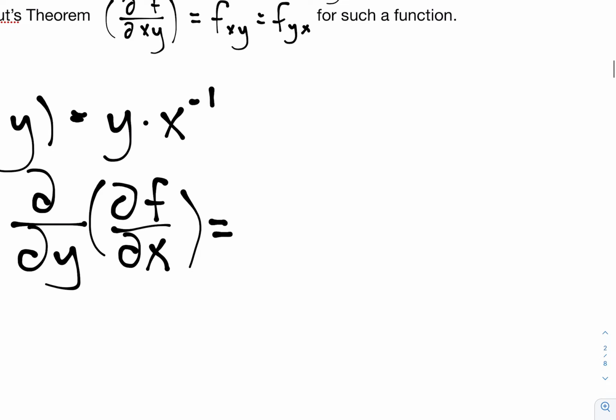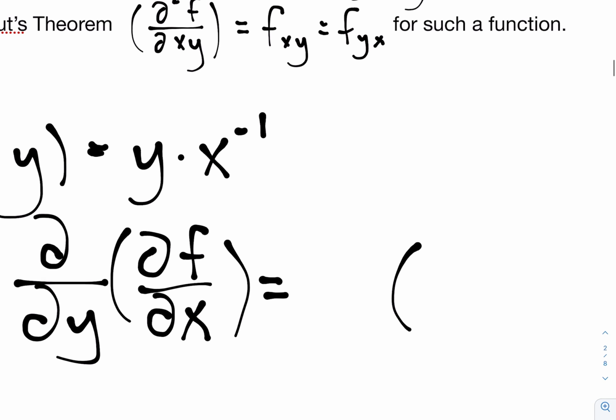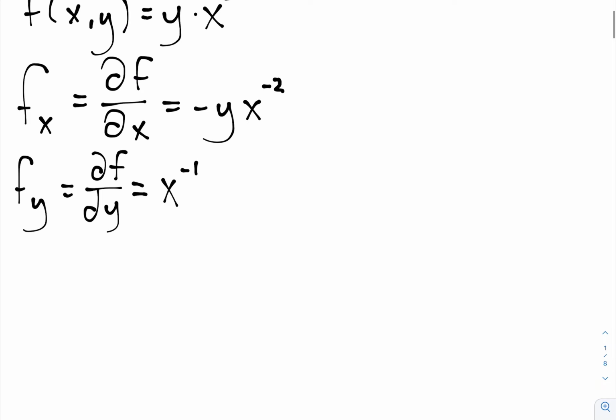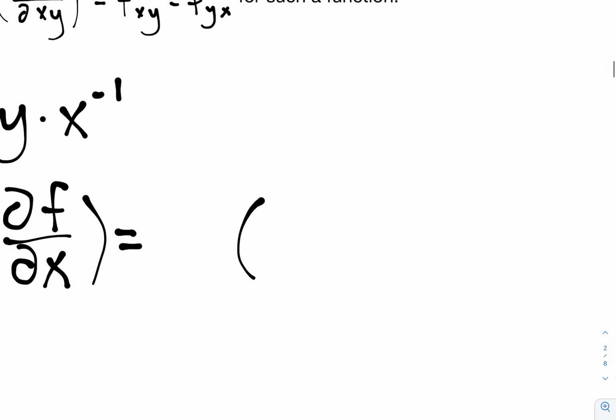Okay, so partial f by partial x is the derivative of this with respect to x, leaving everything else constant. And remember, we did that up here. It's going to be negative y times x to the negative 2. So I'm just going to plug that in here. Negative y times x to the power of negative 2.